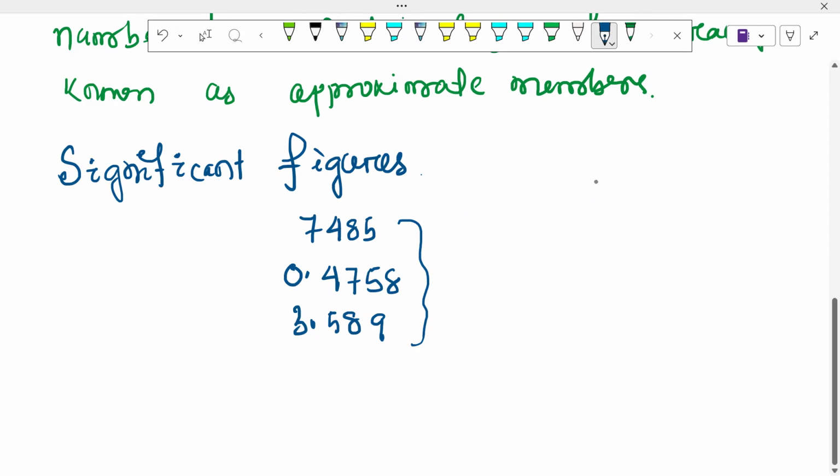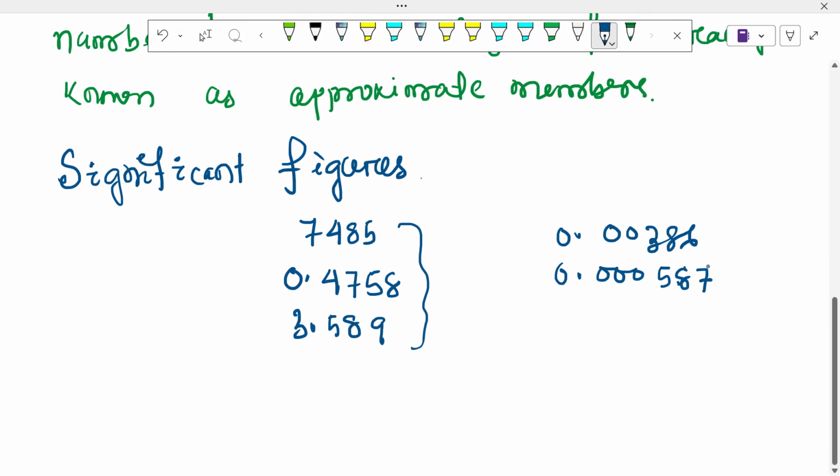Again, we can say that 0.00386 and 0.000587 contain only 3 significant figures each.